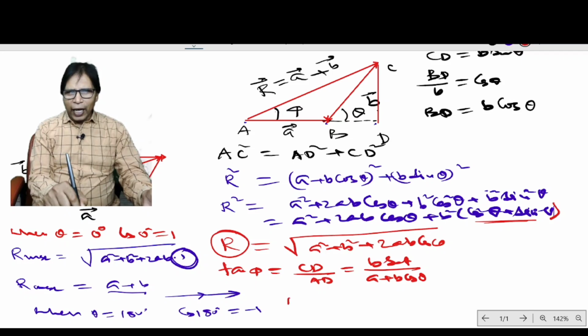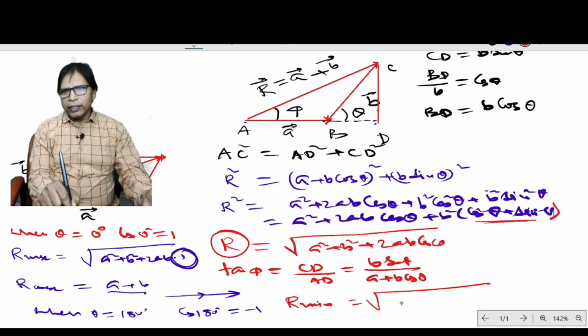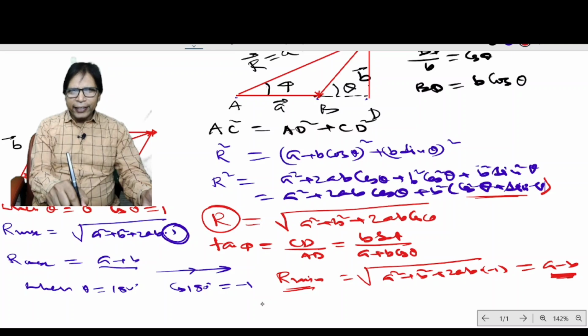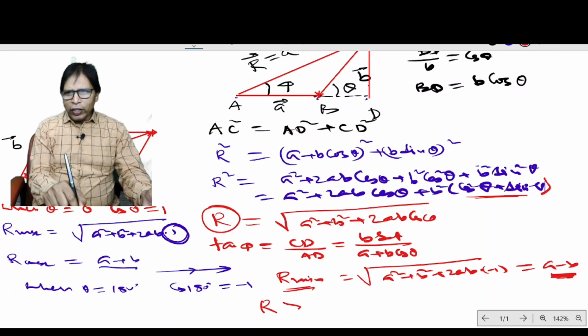Therefore R min equals root under of A square plus B square plus 2AB into minus 1, which is A minus B. So the minimum value of the resultant is the subtraction or difference of the two vectors. The resultant is always greater than or equal to A minus B and always less than or equal to A plus B.